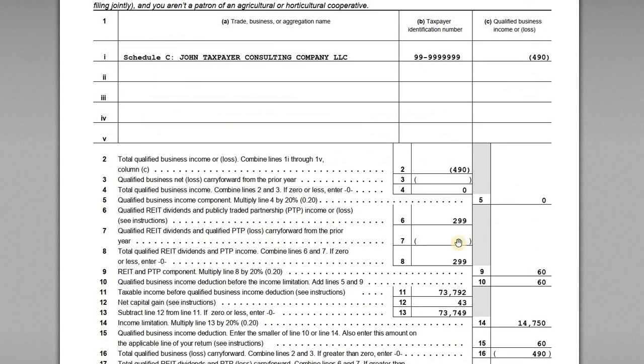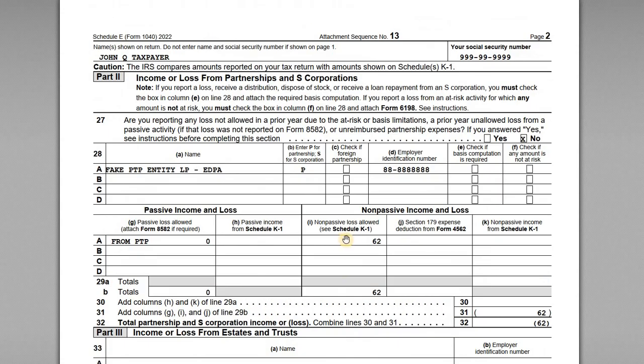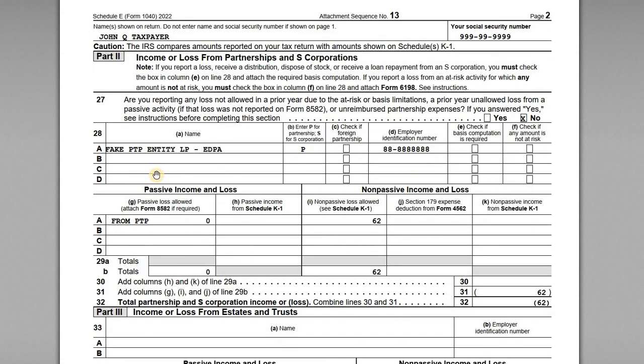So when we look at John's tax return, if we go to Schedule E here, where he's entered the PTP information, the amount of non-passive loss that was allowed, that's the $62 in ordinary income. And again, that's being treated as non-passive loss allowed because he sold all the PTP units, right?